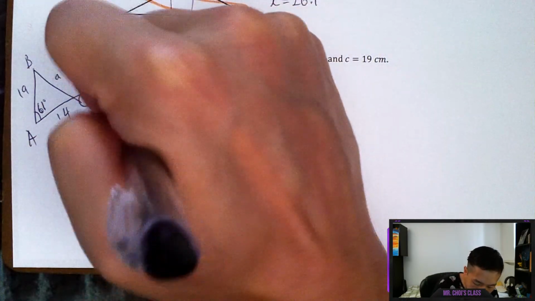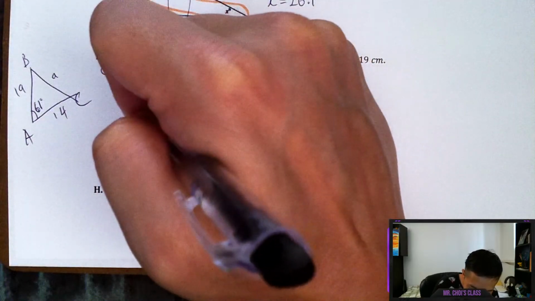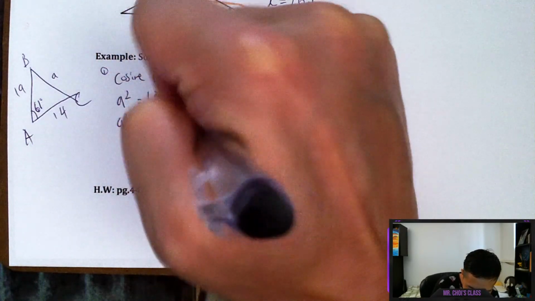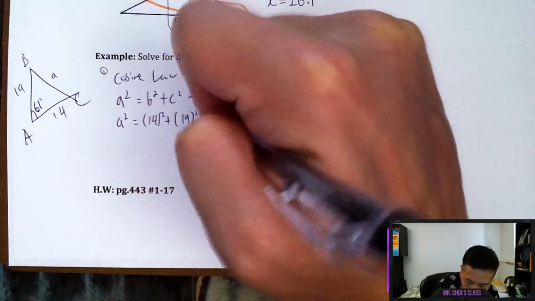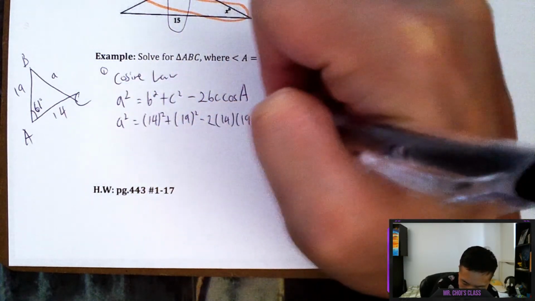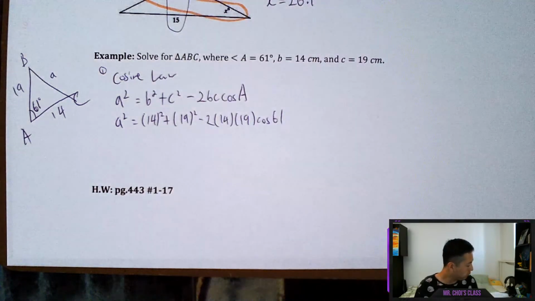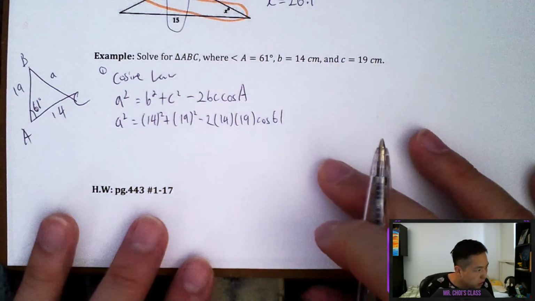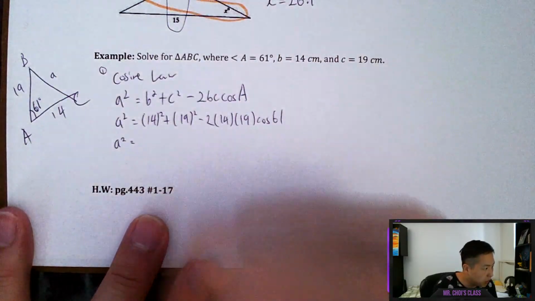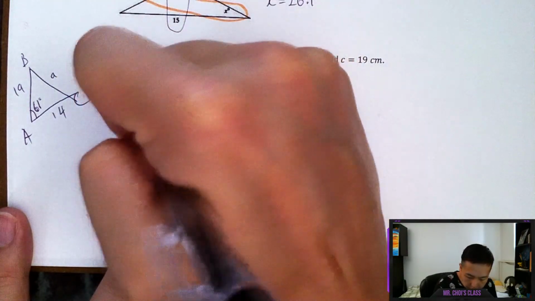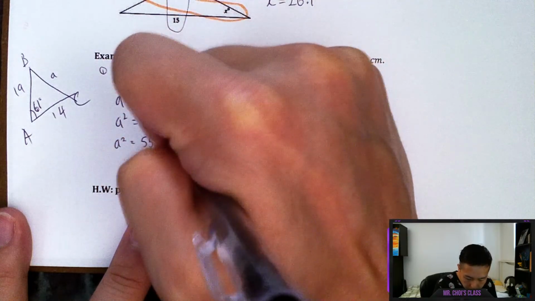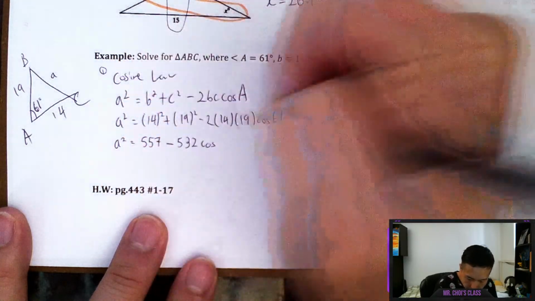So if I plug everything in, I'll get 14 squared plus 19 squared minus 2 times 14 times 19 of cosine 61. I'm going to have to simplify this faster because I'm running out of space. So 557 is going to be here, and then minus 532 cosine of 61.